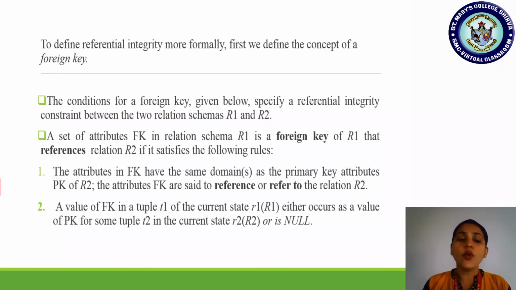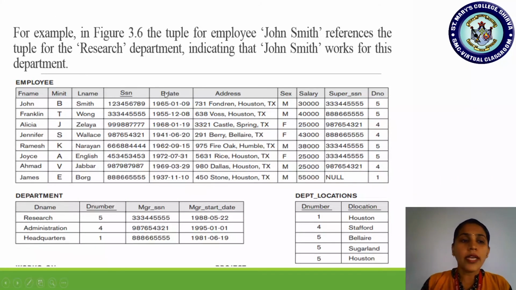Is that clear? So John, who is working in department number 5, is some tuple T1 in relation 1. The DNO acts as a primary key in one of the tuples in relation 2, that is department.